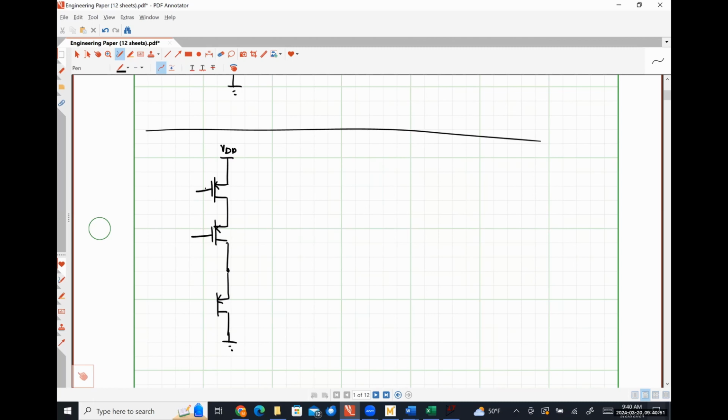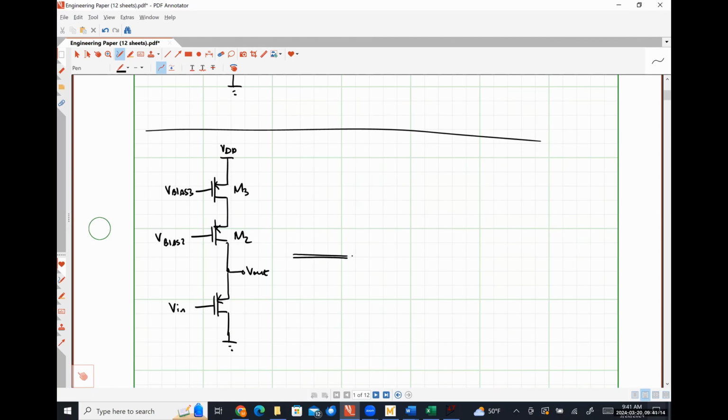Let's say this is V bias. I don't know. If this is transistor M3, let's call this V bias 3. If this is transistor M2, let's call this V bias 2. Here's our input voltage. Here is our output voltage.